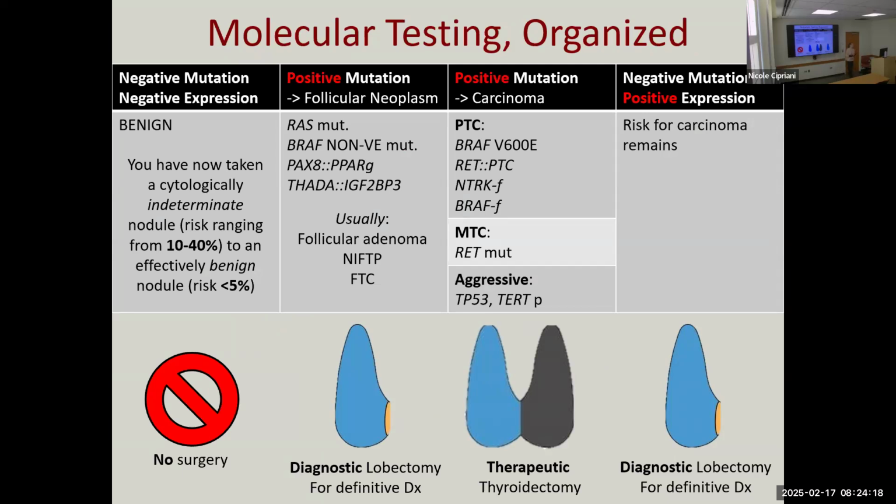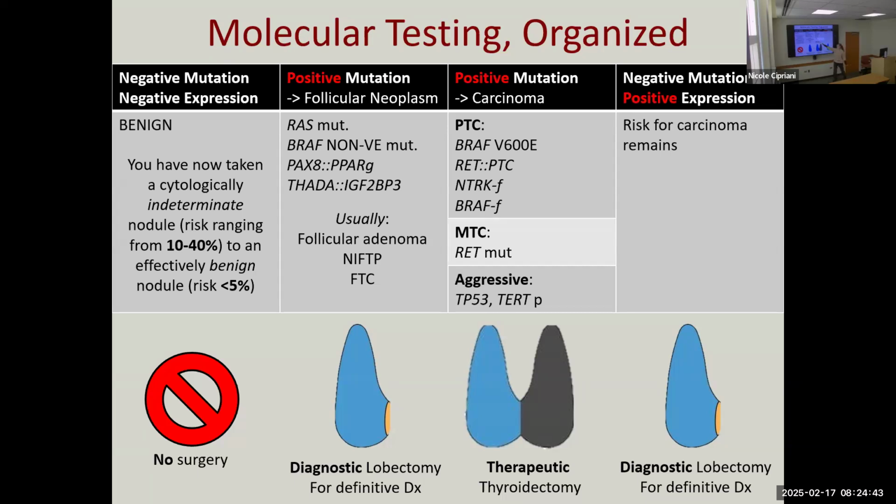If you have a presence of a mutation that is a follicular neoplasm type mutation, like we already talked about, RAS, PAX8-PPAR, whatever, this can be a follicular adenoma, this can be follicular carcinoma, or this can be what we're going to talk about as NIFTP. If you have a mutation that is a cancer-defining mutation, that's completely different, right?